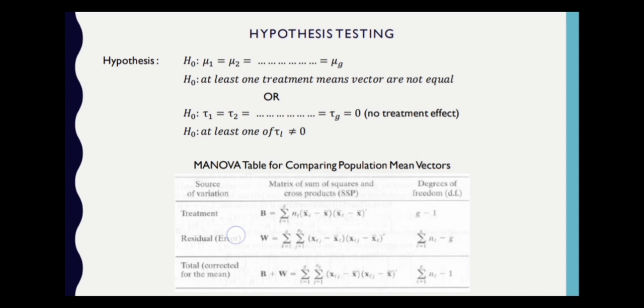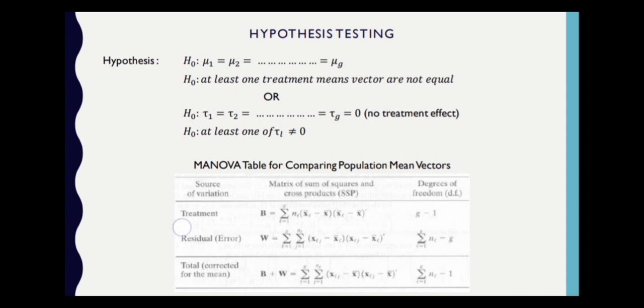So sekarang ni kita kena sebut at least one treatment mean vector is not equal. Sebab kenapa vector? Sebab we deal with several variables. Ataupun you also can use the notation of tau, or you can write like this, macam dekat mu tadi pun boleh, at least one of the tau L not equal to 0.